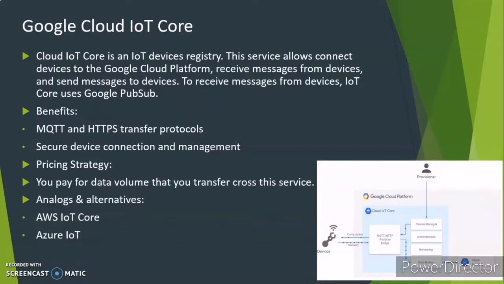Benefits: MQTT and HTTPS transfer protocols. Secure device connection and management. Pricing strategy: you pay for the data volume that you transfer across this service. Analogs and alternatives: AWS IoT Core, Azure IoT.